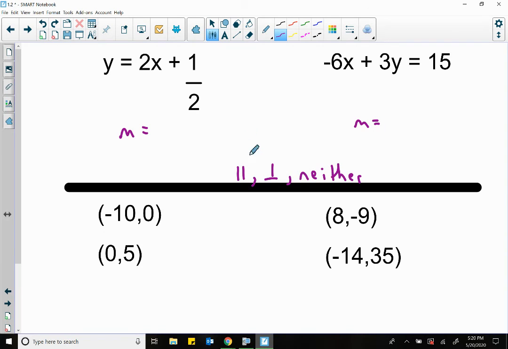If they are, the answer is parallel. Are they opposite reciprocals? If they are, then the answer is perpendicular. If they are not parallel and not perpendicular, the answer is neither. Okay? So if they're the same number, again, parallel. If they are opposite reciprocals, perpendicular. If they don't match either one of these, it's neither. Okay? Go ahead, pause the video, give these a shot.